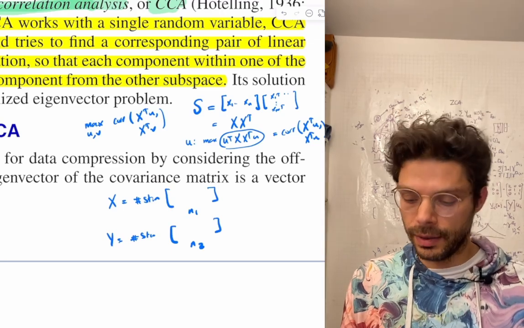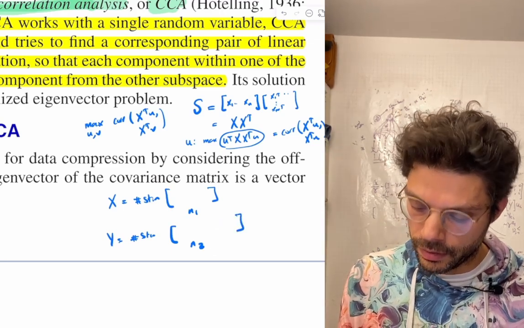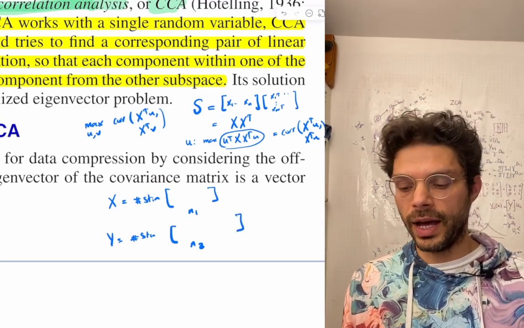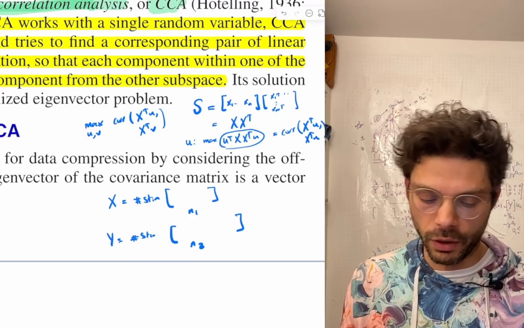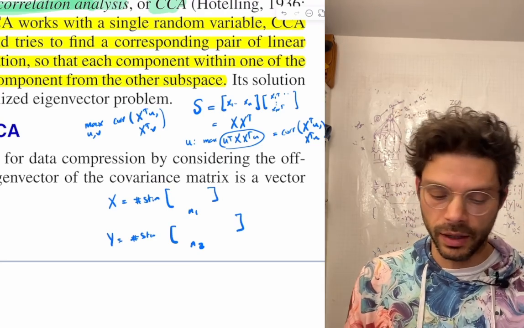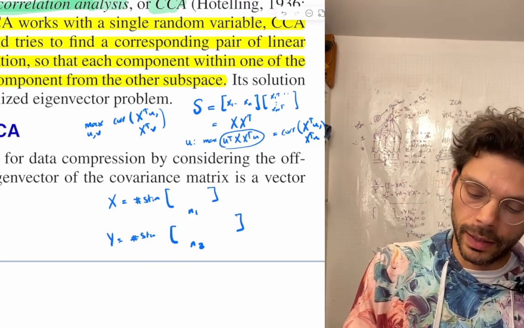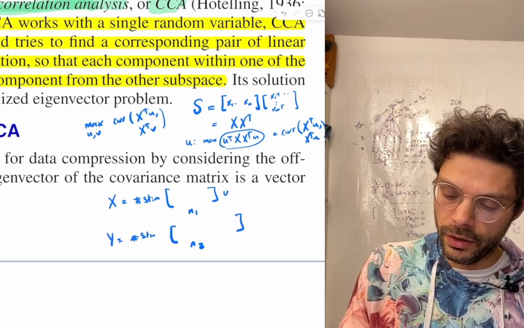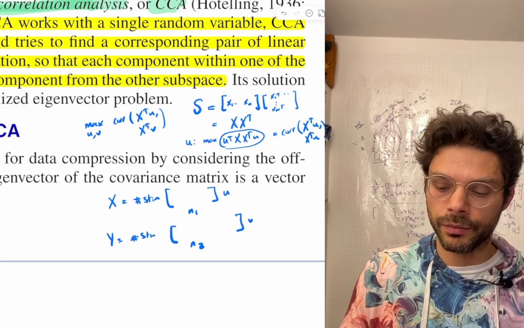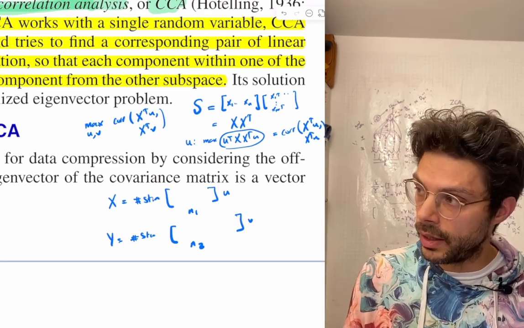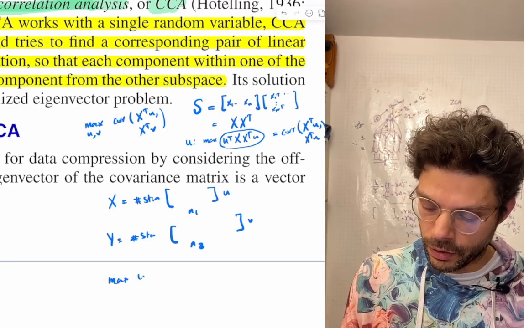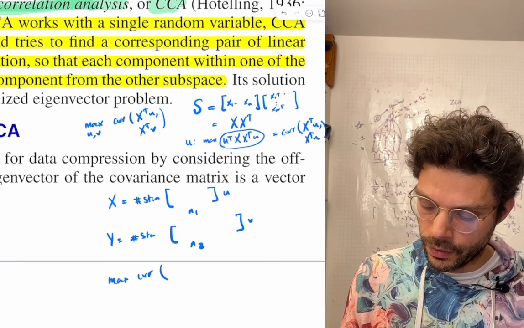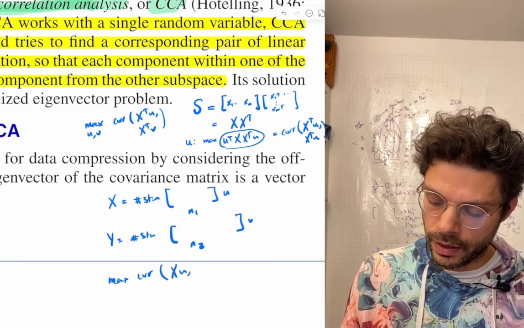Now the u's and v's have to be different, but you can still say, what I want is to find a u and a v that maximize the correlation of Xu and Yv.